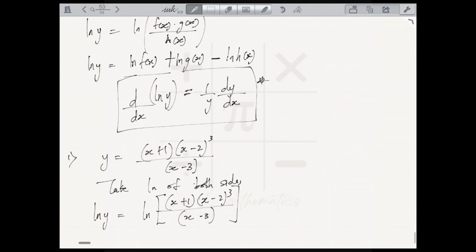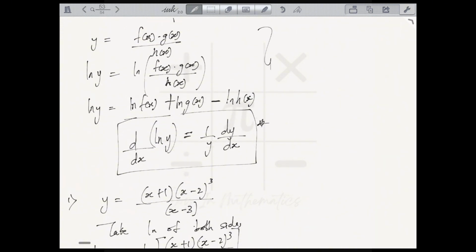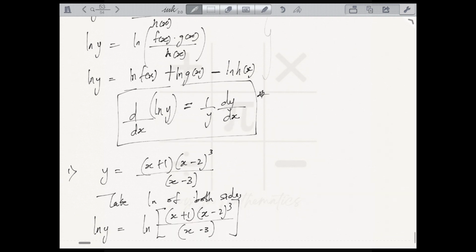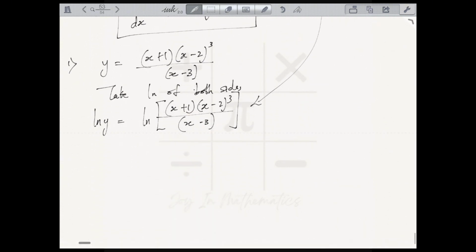Now let's apply what we have here. So we can say ln y is equal to ln of (x plus 1) plus ln of (x minus 2) cubed minus ln of (x minus 3).